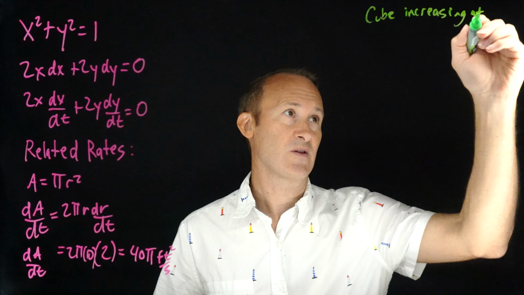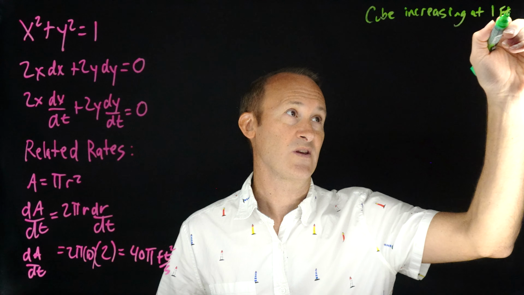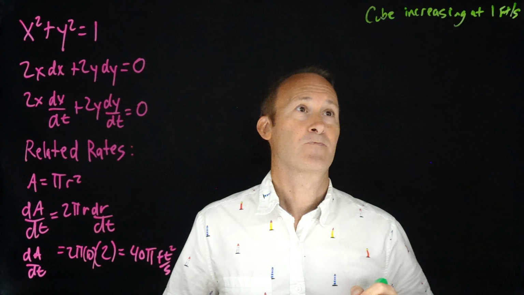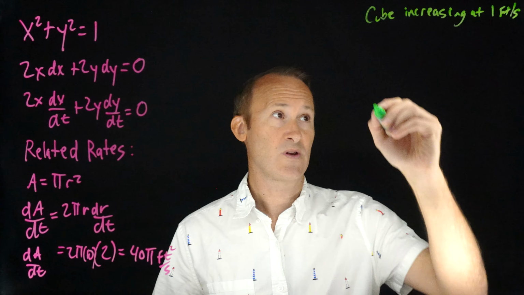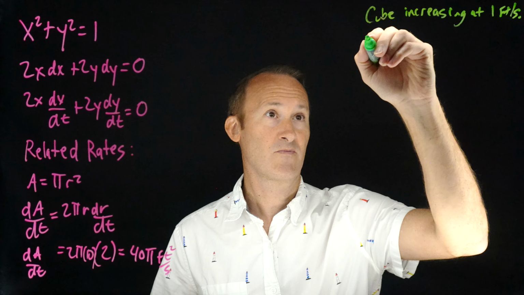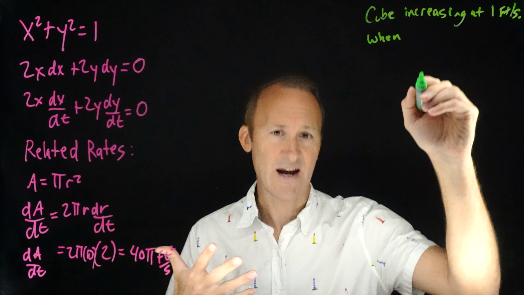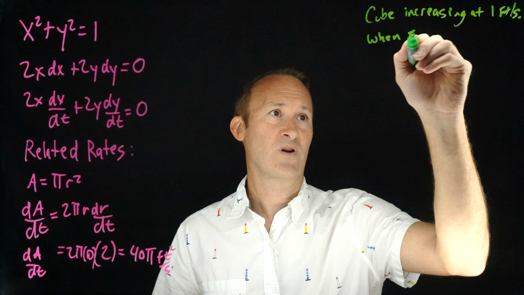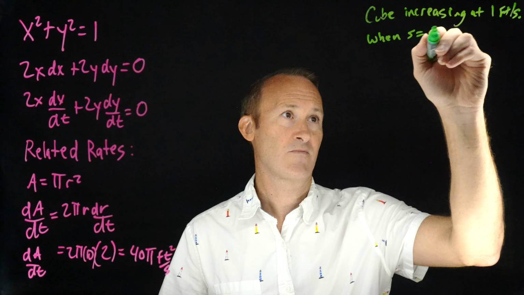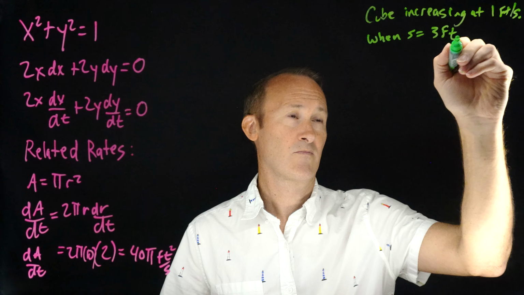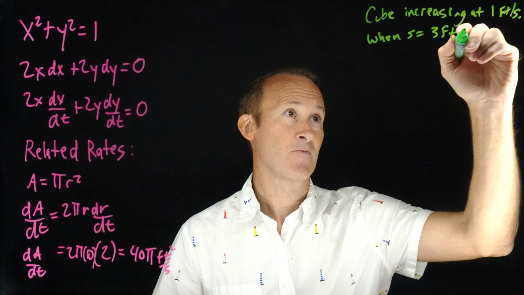Let's just say increasing at 1 foot per second, okay? And then what we're gonna say is when the side of the cube, I'll just say s, when s is equal to, give a number, say 3 feet, we want to know how fast the surface area is increasing, okay?